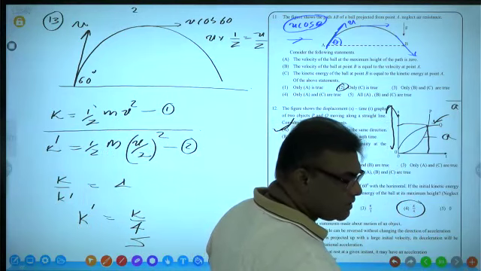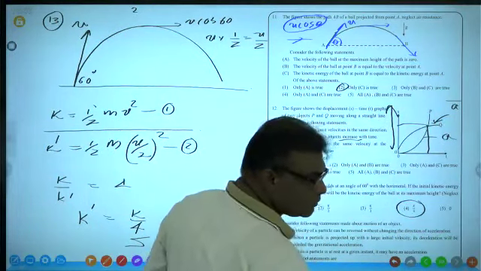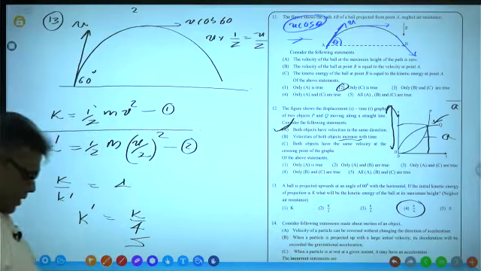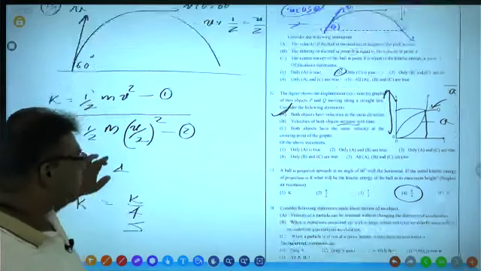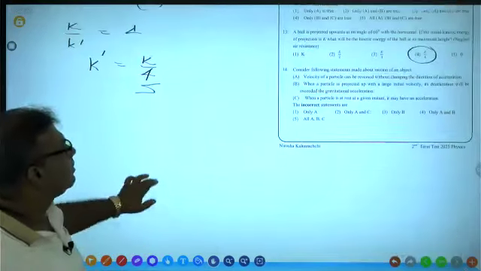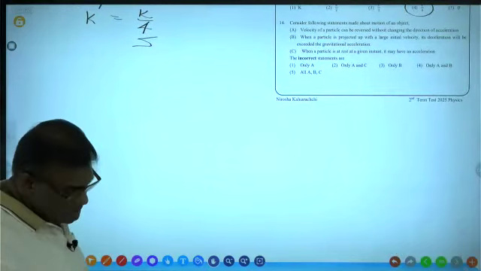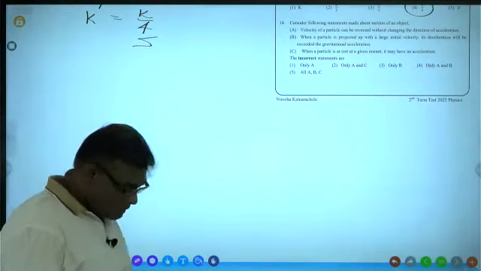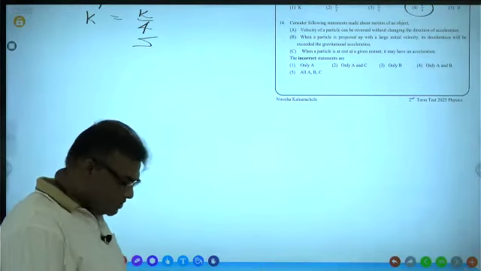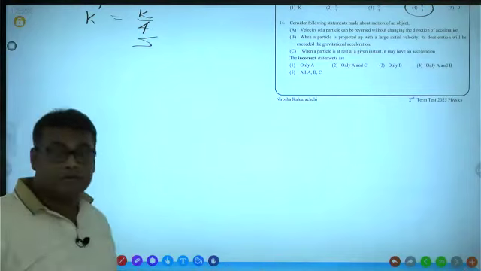We need basic theory, right? Right, question number 14. Consider the following statements made about the motion of an object.